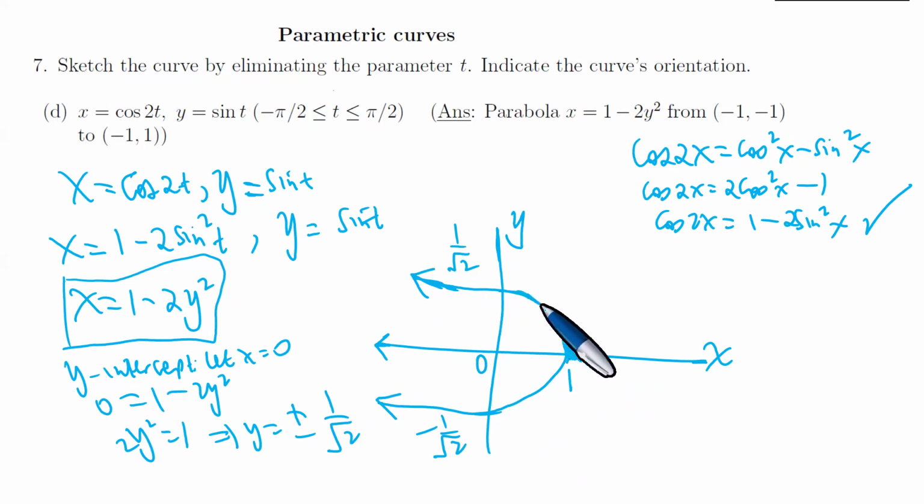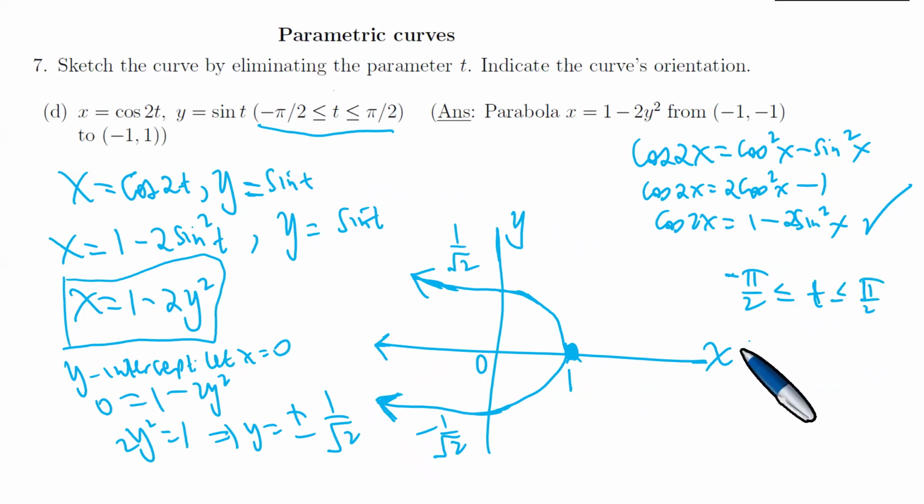Okay, so we have this. Now let us look at what happens whenever we are looking at this interval, minus pi over 2 to pi over 2. When t is minus pi over 2, x is cosine 2t, y is sine t.